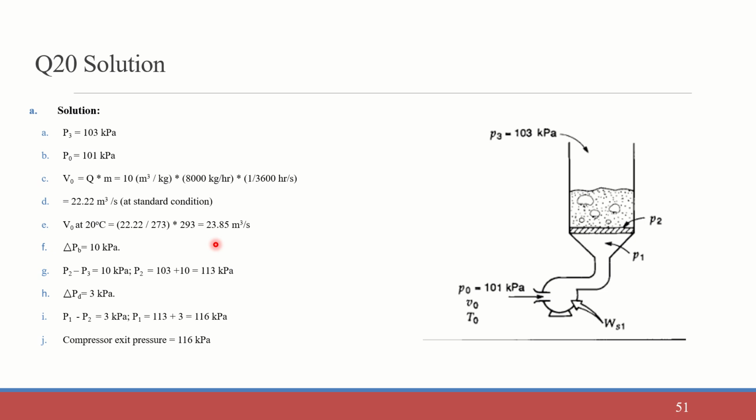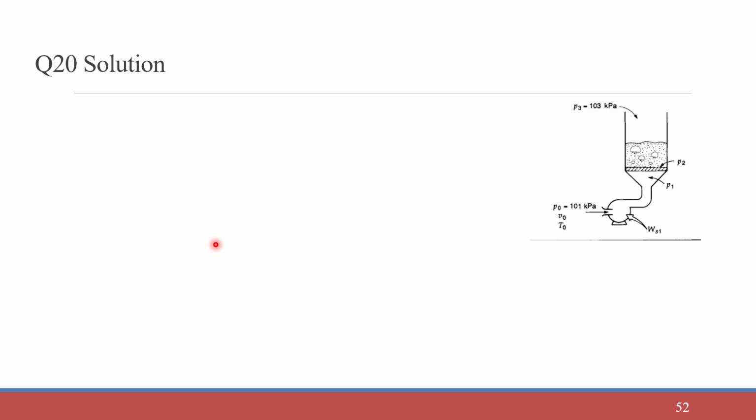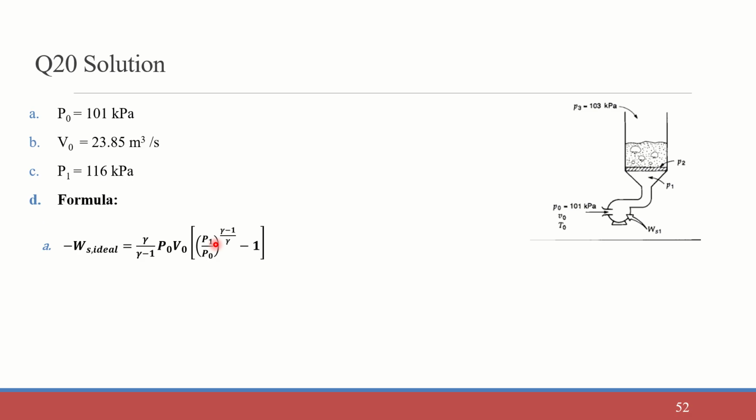And now we know P naught and V naught, and P1 we know. So everything is sorted out. We are substituting in the formula.